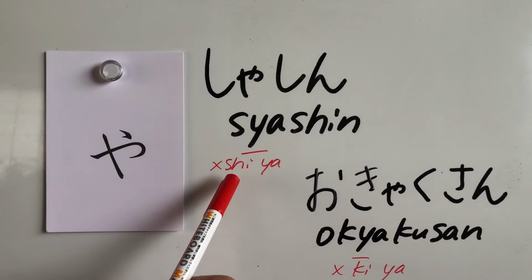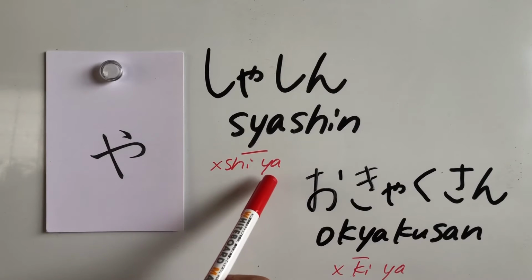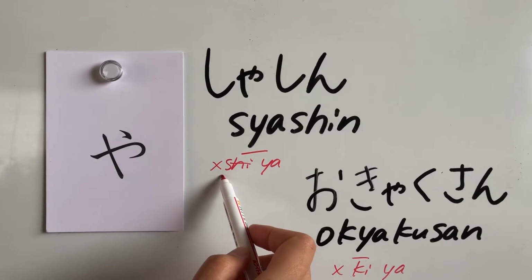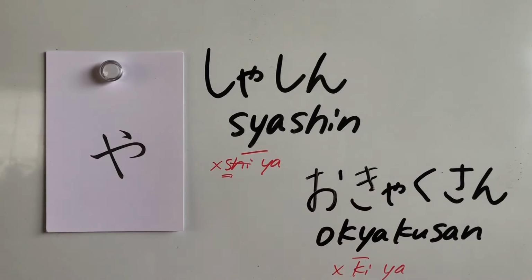So instead of saying shi ya, you just remove this part, and you have this S and YA. So we say sha, sha. Okay, and the same here. So this letter we say ki, right?